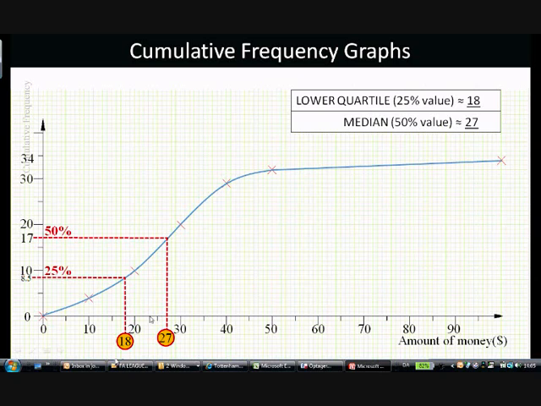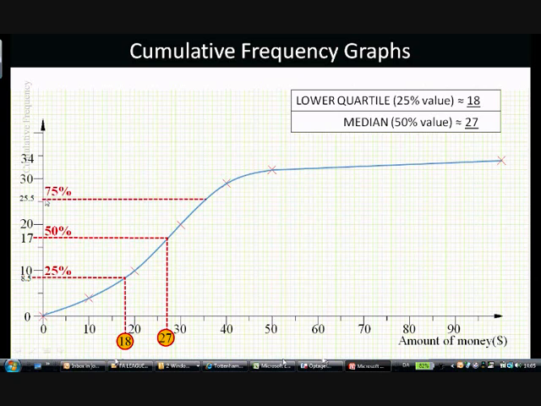So that tells us that 25% of the people have below $18, and then the other 75% at the top have above $18. So the 25% value is $18, the value that's 25% of the way up the group. That's also called the lower quartile.